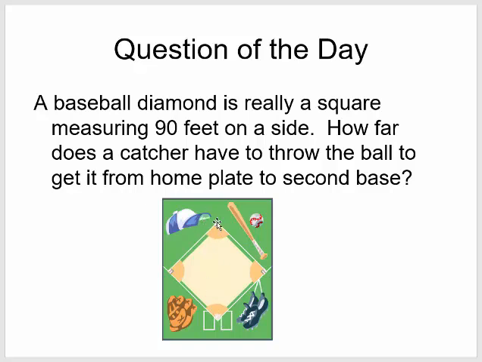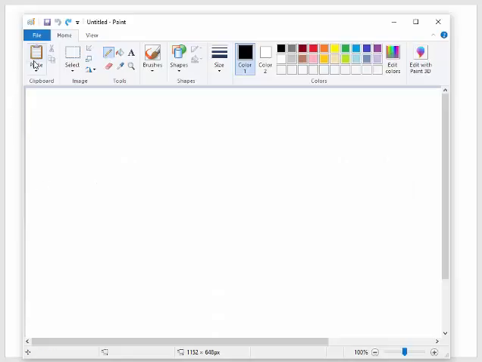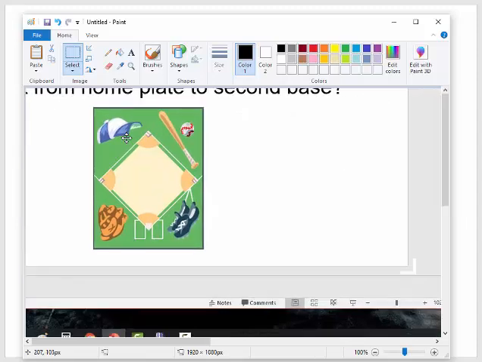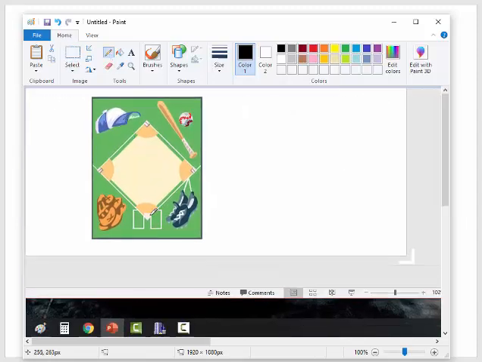Well, if you were to just draw from home base to second base, that's where the catcher has to throw. This right here is a 90-degree angle. So we're being asked to find the length of this hypotenuse C here.